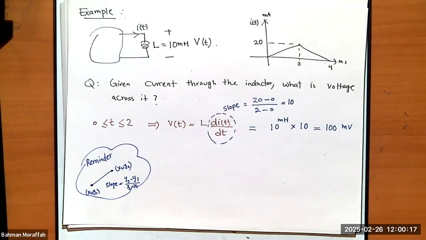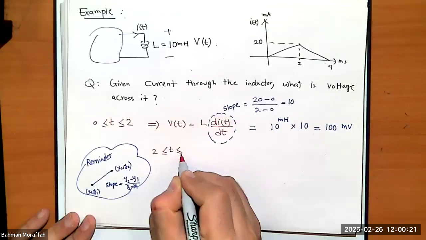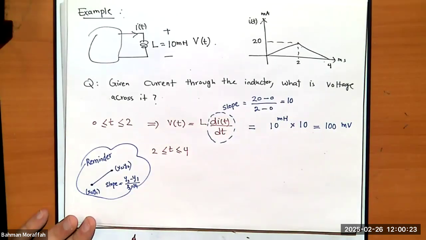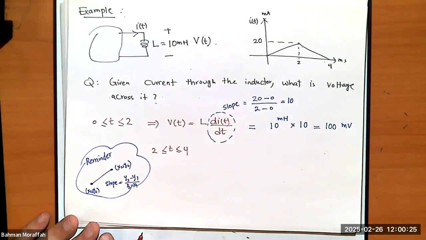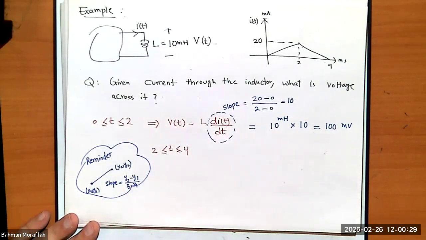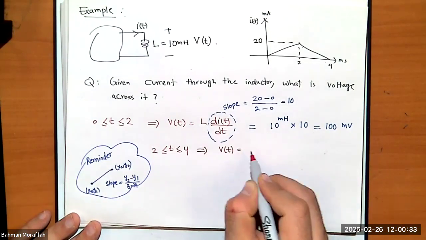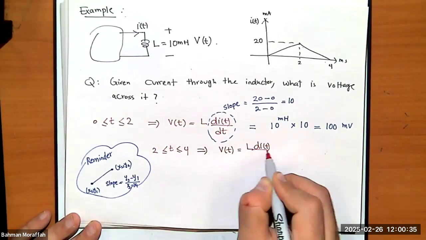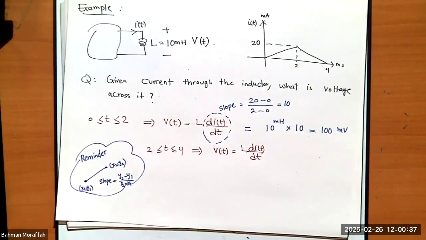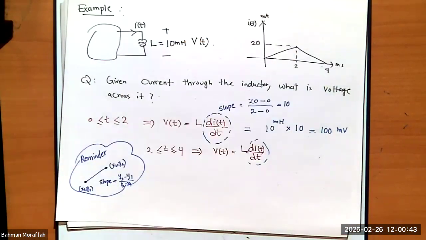For times between 2 to 4, and again, I'm being a little sloppy here because I included 2 here and 2 here, but it's just one point, it doesn't really matter. v of t is also L di/dt. Again, this di/dt is the slope of this line because it's a piecewise linear function.